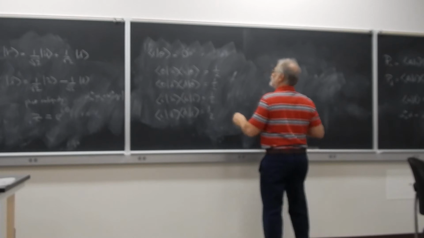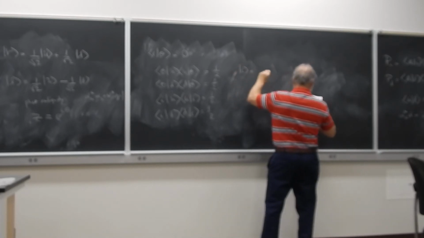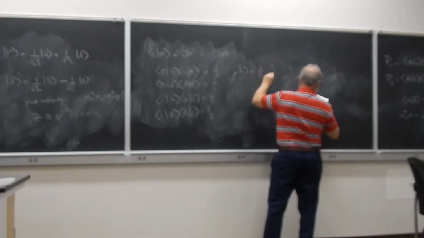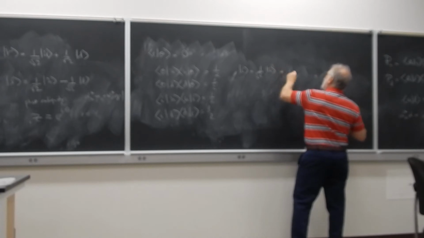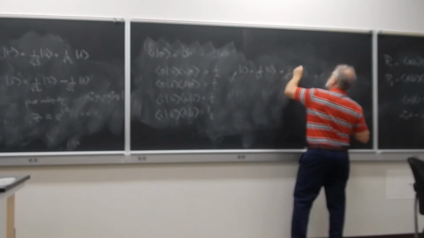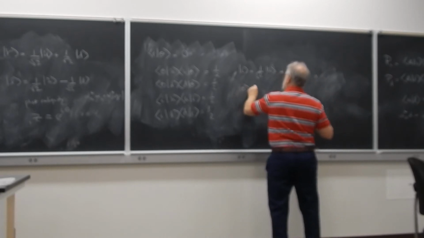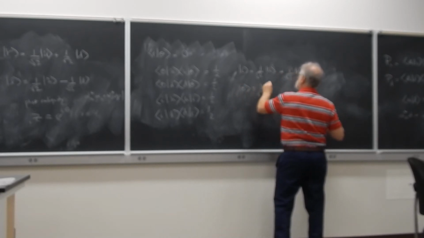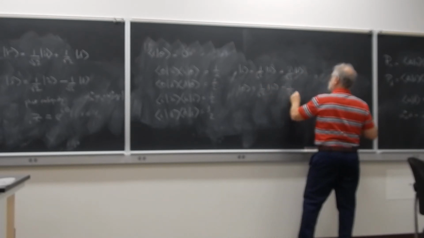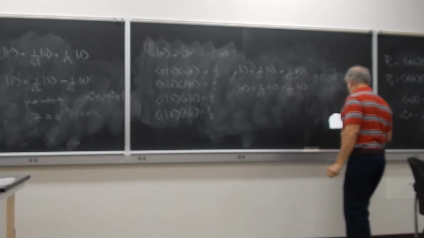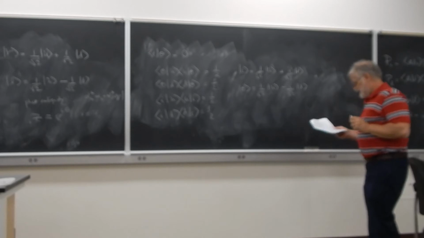So I can write my I ket as 1 over square root of 2 U plus I over square root of 2 D. I can write my O ket as 1 over square root of 2 U minus I over square root of 2 D. And these will be sufficient descriptions for those kets.